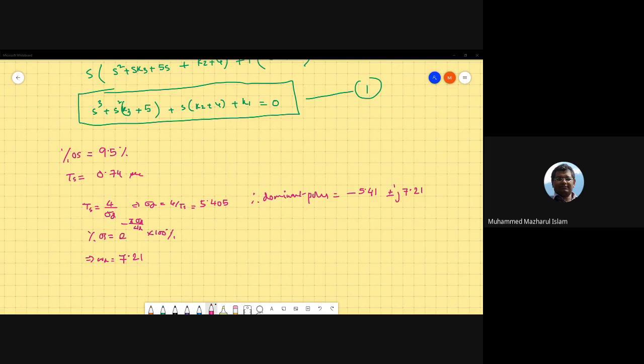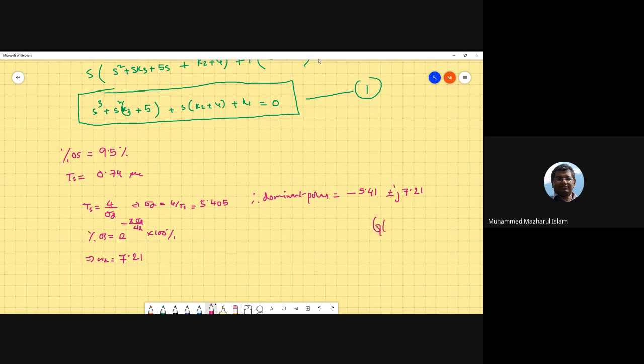If you look at the original system, it had, I'm going to write it down here for you, 20 (s plus 5) over s into (s plus 1)(s plus 4), something like this. So we need the poles and zeros to be changed somehow so that the dominant poles are minus 5.4 plus minus j 7.21. All right.